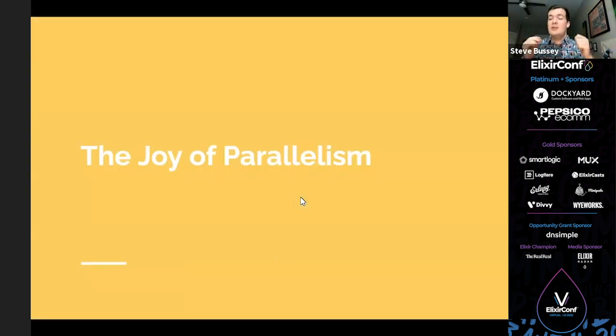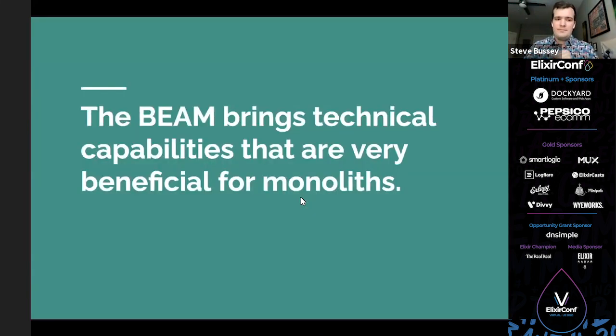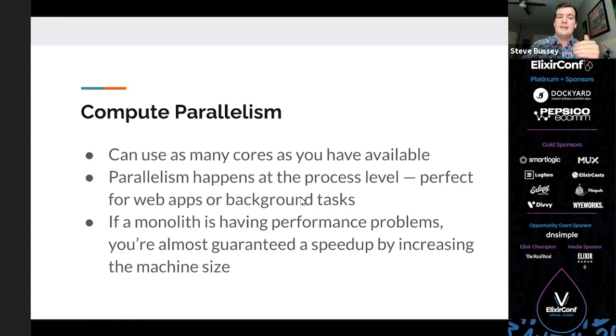So up next, I'm going to talk about the joy of parallelism. The Beam itself, the Beam runtime, brings technical capabilities that are very beneficial for monolithic apps. An example of this is the compute parallelism, it's a hard word to say, that the Beam brings.